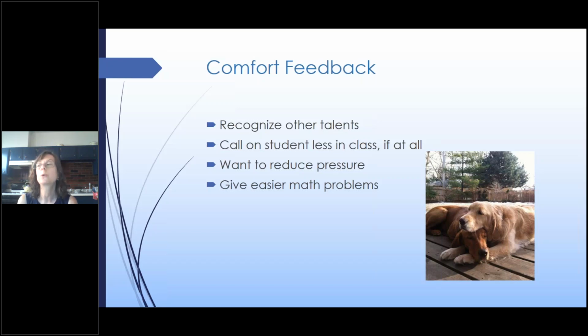The student was told that he or she would be called on less in class, if the instructor even called on them at all. The instructor was hoping to reduce the pressure that the student felt and that the student would be given easier math problems.